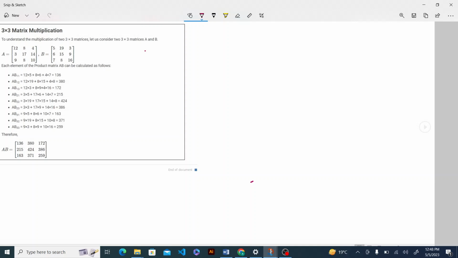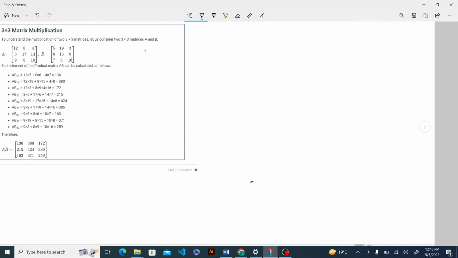So 12 will be multiplied by 5, 12 into 5, then plus 8 will be multiplied by 6, and then plus 4 into 7. When we multiply these three and add them, the answer will be 136.